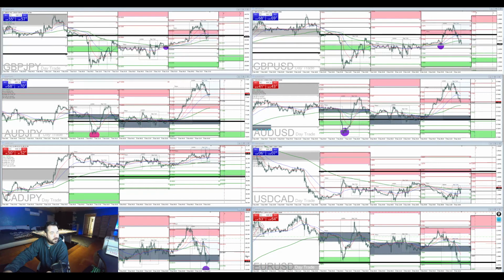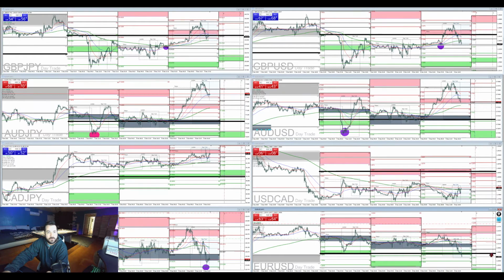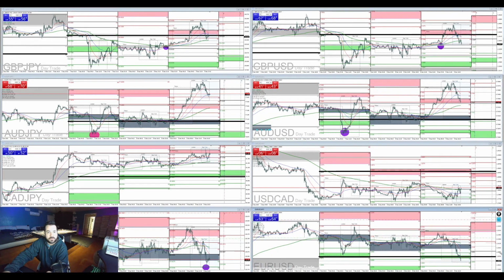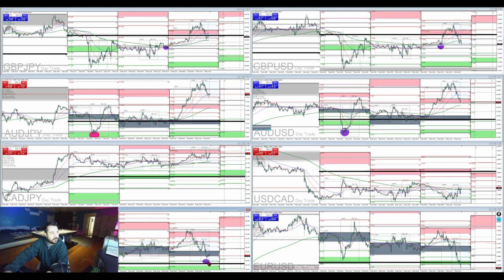All eyes right now are to see if we maintain below the central pivot and what happens down here at the M2. That could be a trade setup as well. And we are still above central pivot for the week on the euro yen, but it looks like it's following the footsteps of the euro USD.